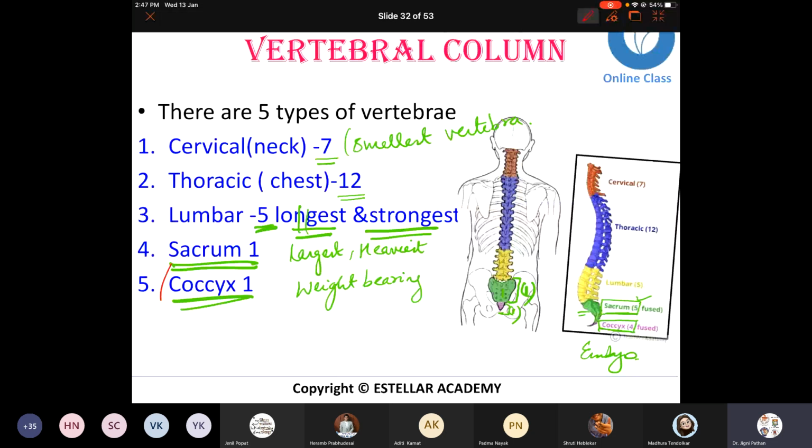Next, sacrum. Sacrum is wider in female as compared to male.